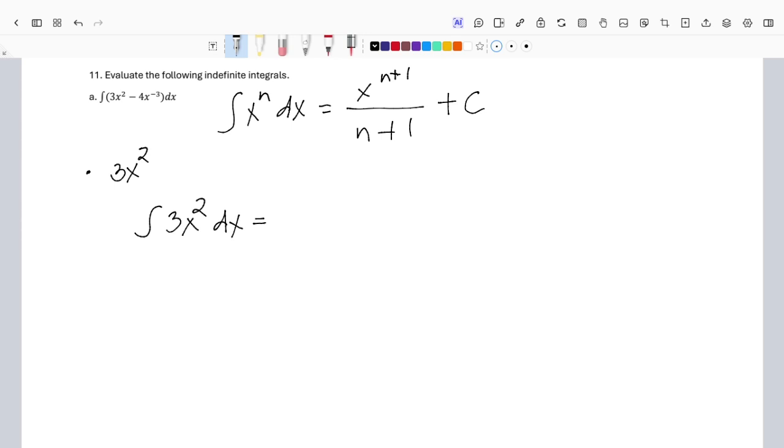This equals 3x^(2+1) over 2 plus 1. To resolve this, we got 3x cubed over 3, then the 3s cancel, and we have x cubed.